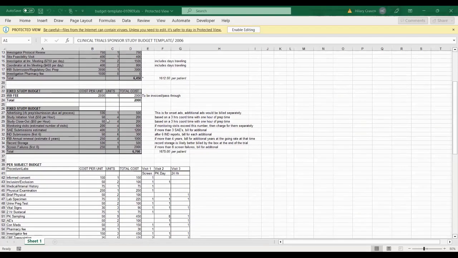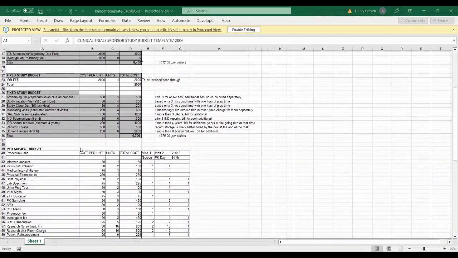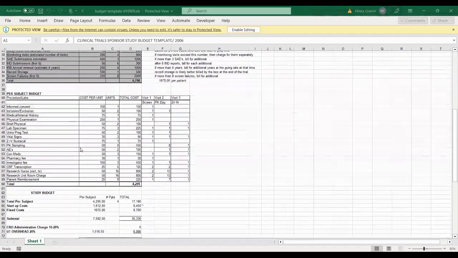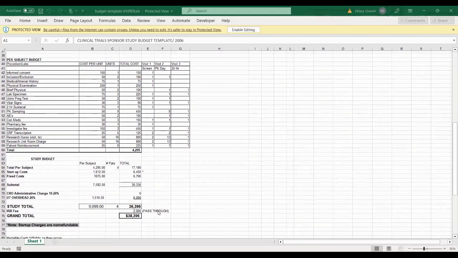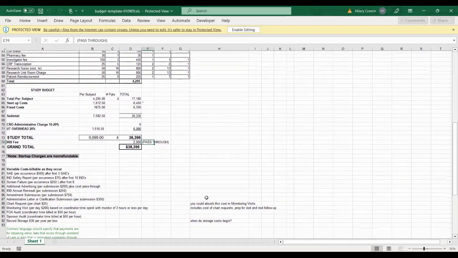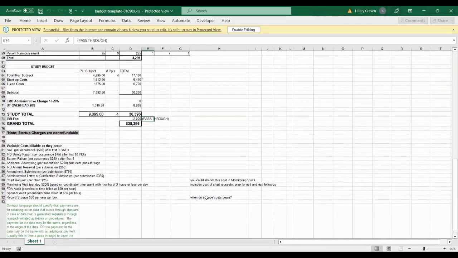There was a site for the study we're working on where we want the site to have 2 EKG machines, and the site said they only have 1, but we really like the site, so we said buy another EKG machine and run it through as a pass-through cost. It's not on the contract as a billable event, but some things like that can be approved as pass-through costs.